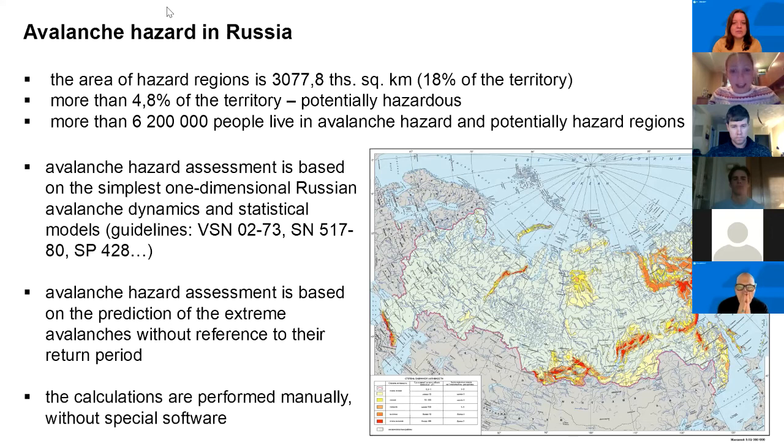And this is a case because they are not so state of the art. I mean that they are one-dimensional, and when we are talking about mountains, it's very important to take into account, for example, the three-dimensional terrain, and of course it's very hard to model avalanches in one dimension.